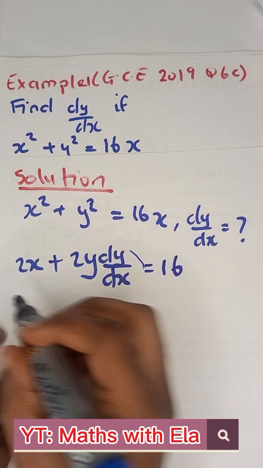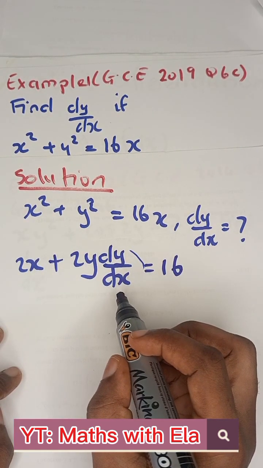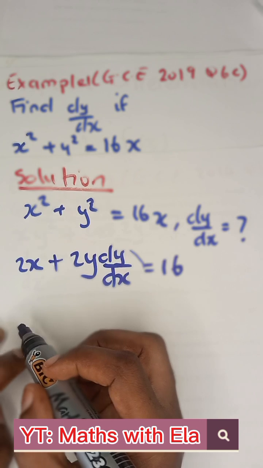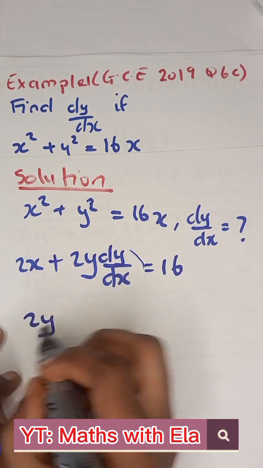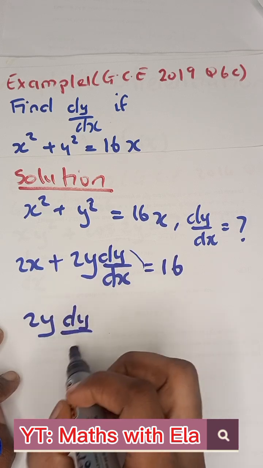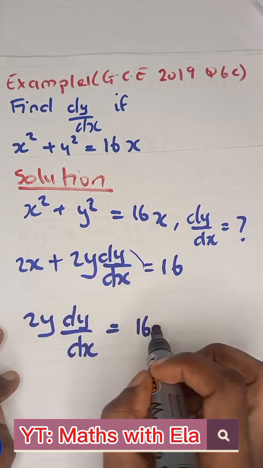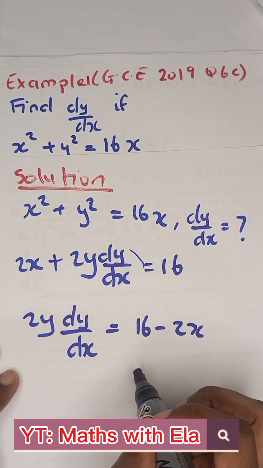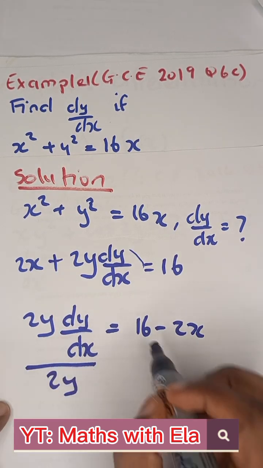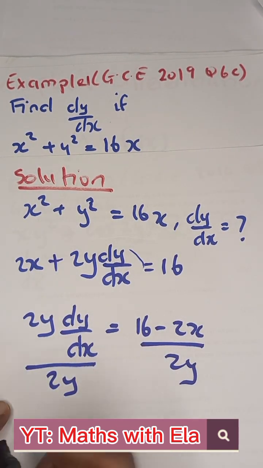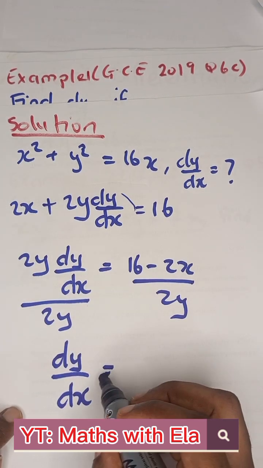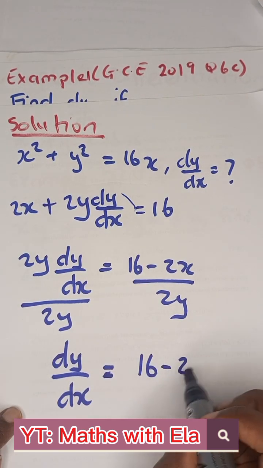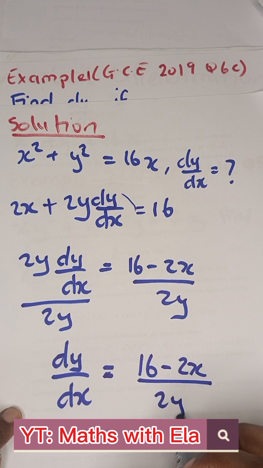So we are looking for dy by dx, we need to isolate dy by dx. So everything that doesn't have dy by dx moves to the right hand side, giving us 2y dy by dx equal to 16 minus 2x, and then dividing both sides by 2y, we obtain dy by dx being equal to 16 minus 2x, all over 2y.